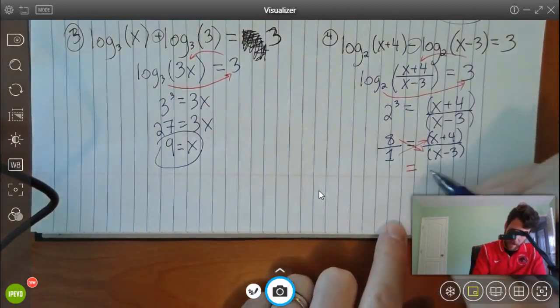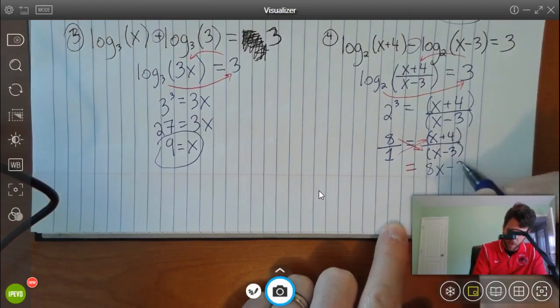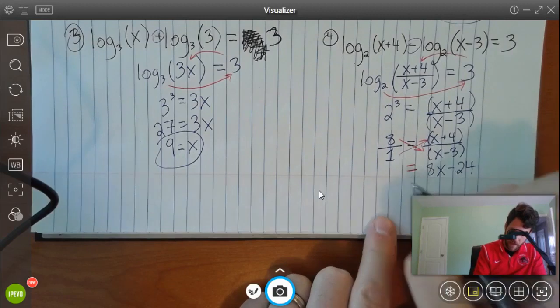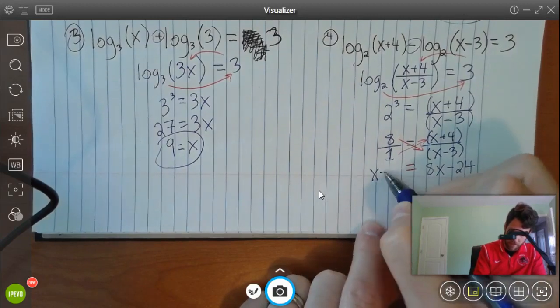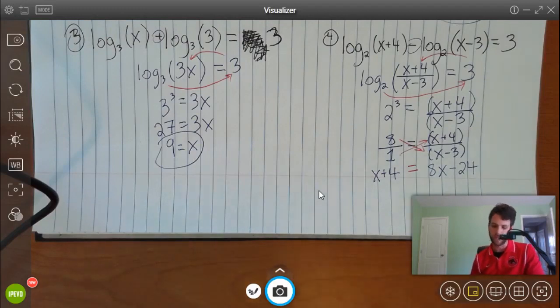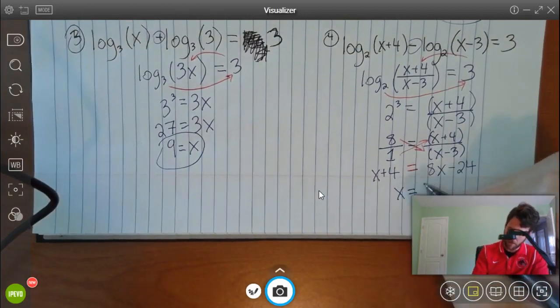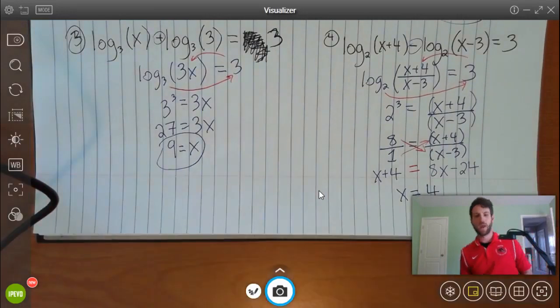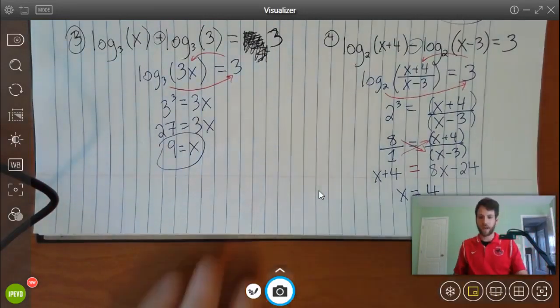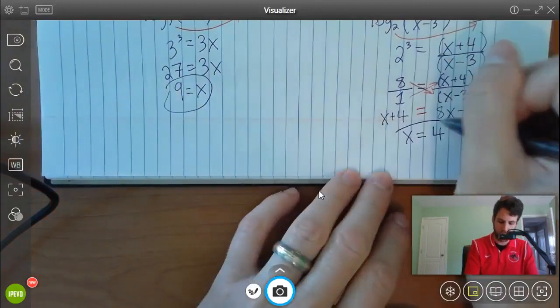So 8 times x minus 3 would be 8x minus 24. And then x plus 4 would be 1 times that and wouldn't change. Once you've put all of this together and solved it out, it turns out that x is going to be equal to 4. Now that finishes up that example with x being equal to 4 for number 4.